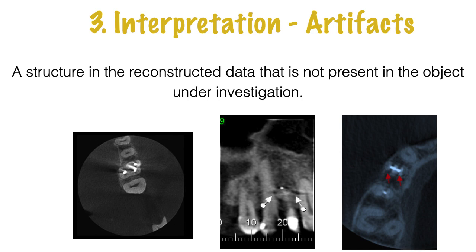And artifacts are usually present around an image that is very radiopaque. And in the other image, you see another premolar that has good obturation in the canals, and there are two dark lines there that people may think, oh, this is a fracture. No, this is an artifact that occurs around an area that's very radiopaque.